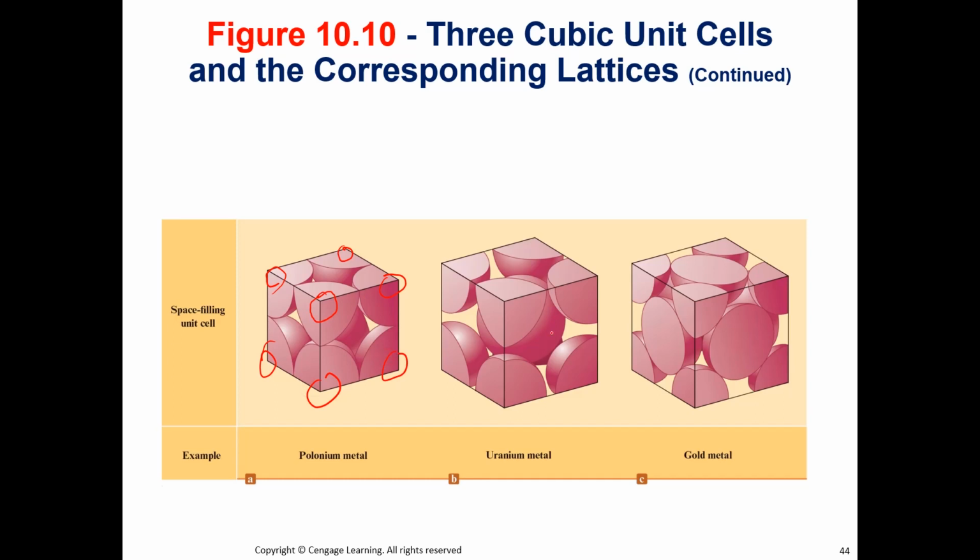When we have a body-centered cubic, now you can see one whole sphere in the center of this unit cell. And on the face-centered cubic, you can see the three-dimensional ion or sphere here on each one of the faces.